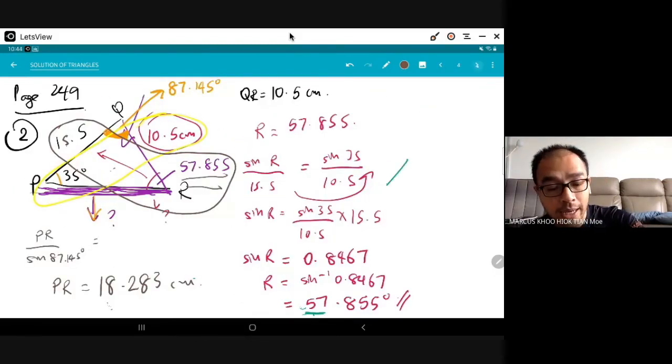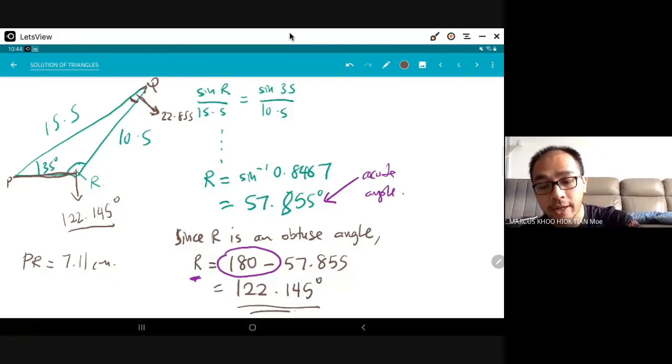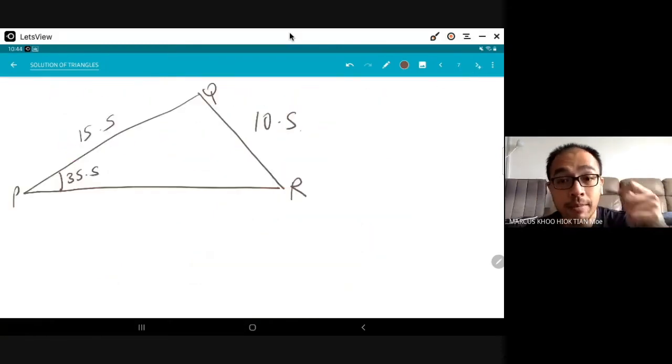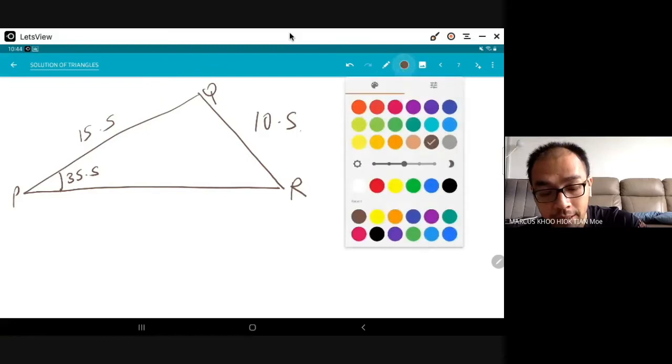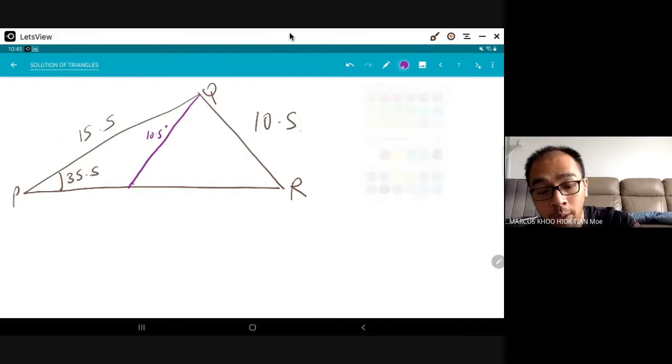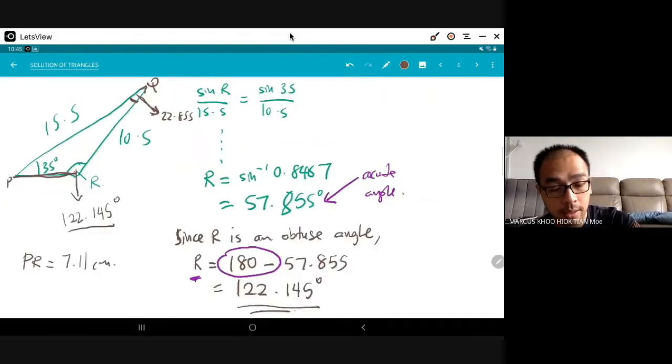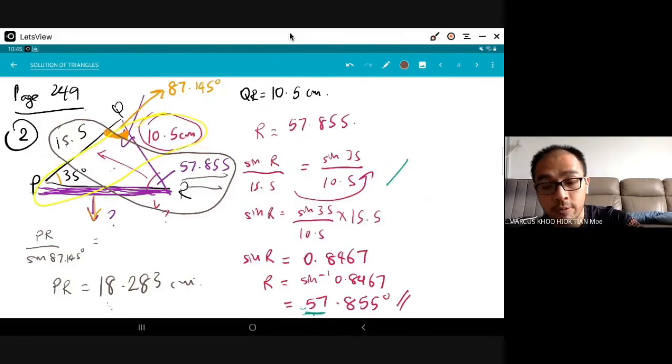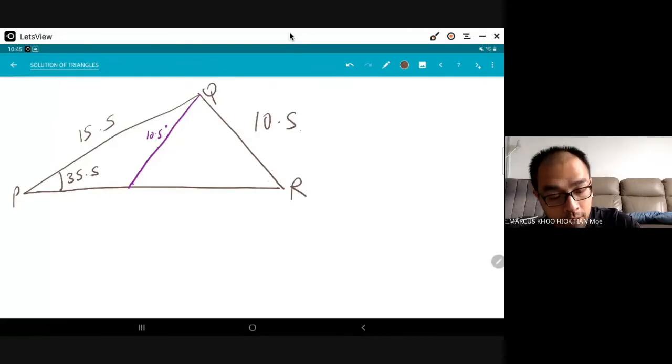And then the second one is the one that looks like it. It is the same length, except that now my 10.5 is like this. Okay, this is 10.5. And we find that when the 10.5 is on the brown one, the angle over there was 57.855.